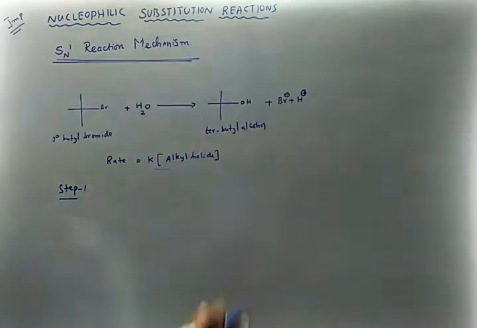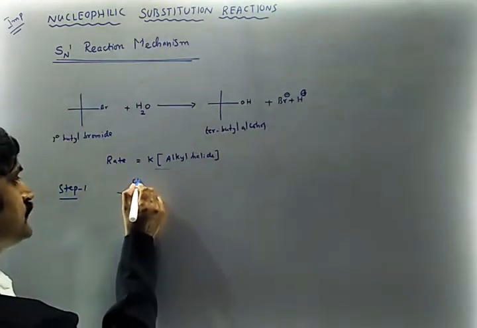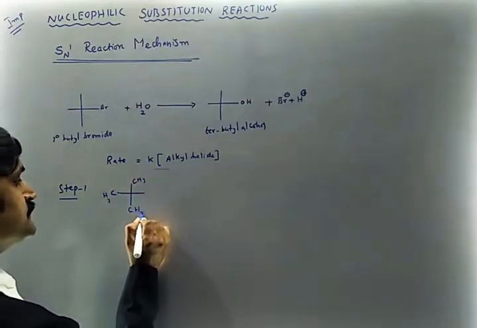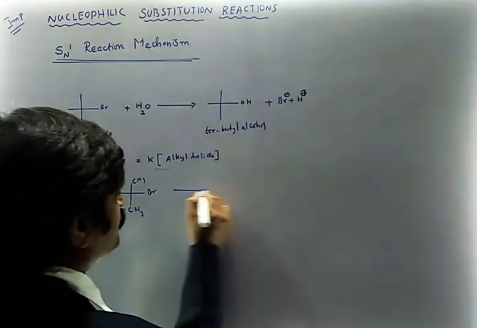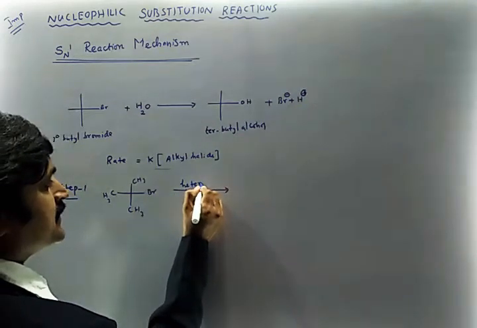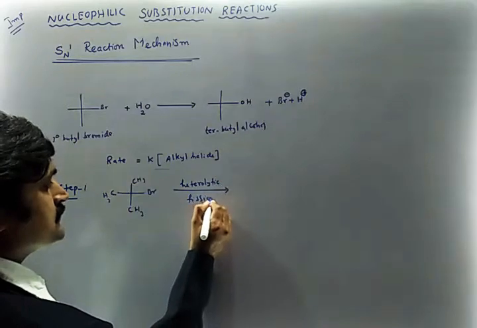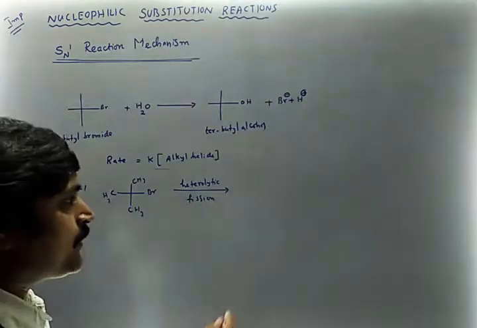Step 1 is the formation of a carbocation when the carbon halogen bond separates heterolytically. This fission is heterolytic fission.